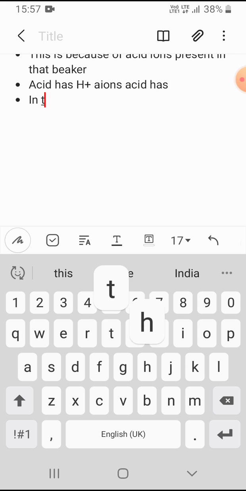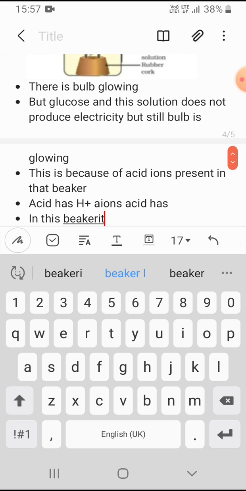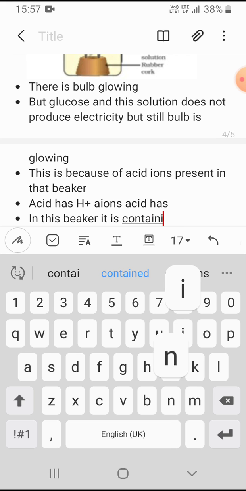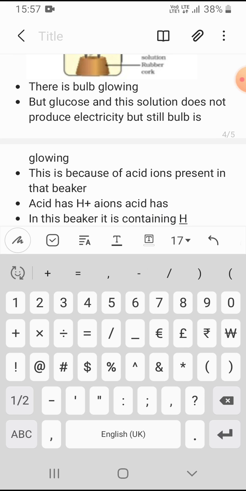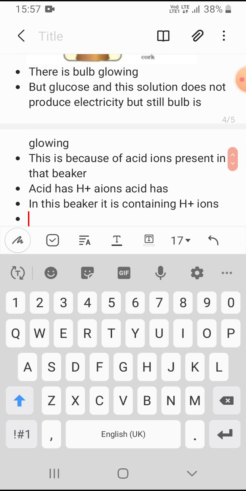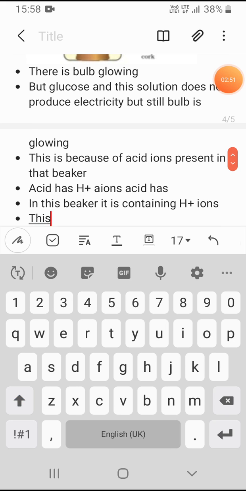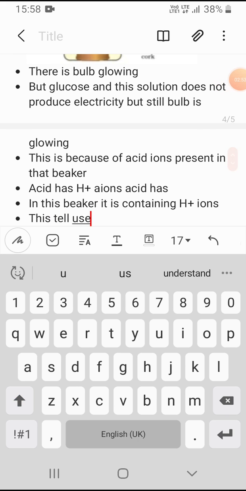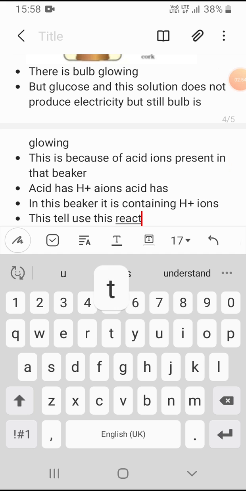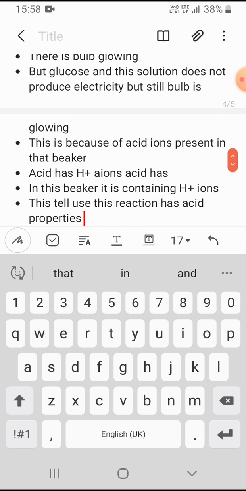So in this beaker, it contains H plus ions, so we are getting the electricity. This tells us this reaction has acidic property. We can tell by this.